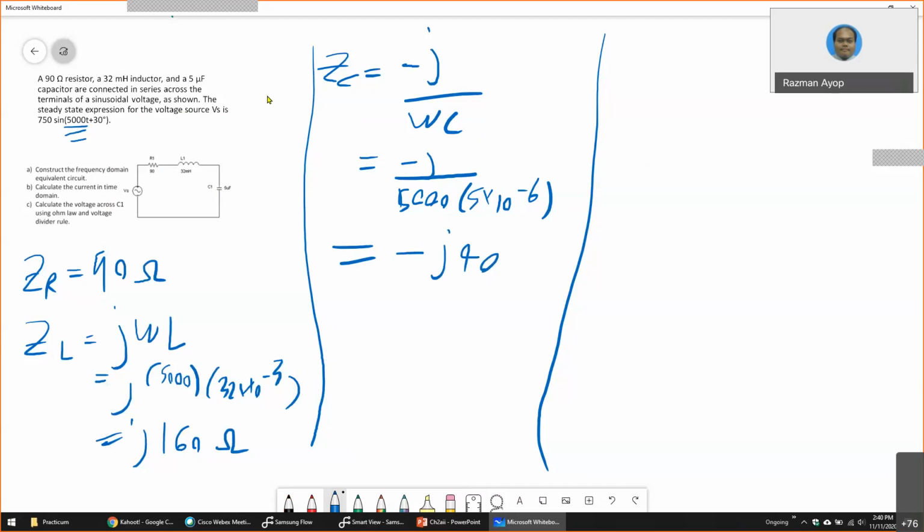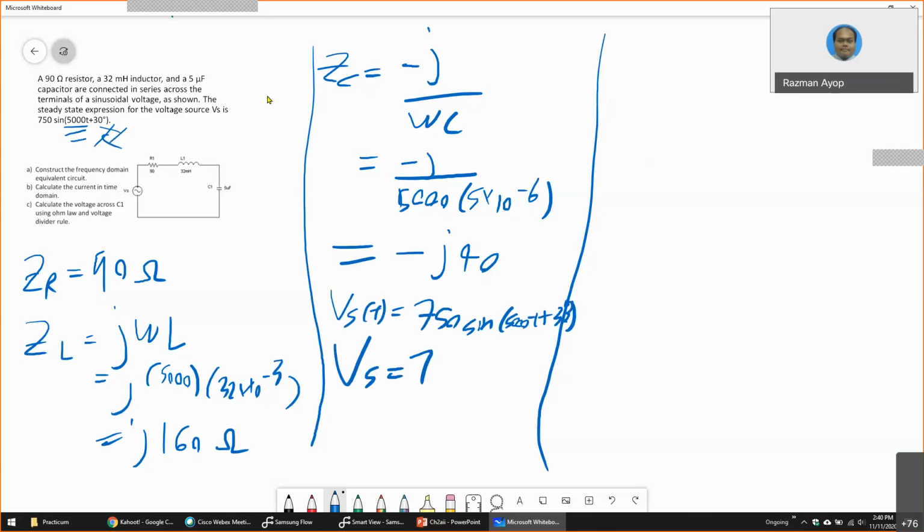Lastly, you have to change the voltage source. This is the voltage source: Vs(t) equals 750 sine of 5,000 t plus 30 degrees. Just convert it.